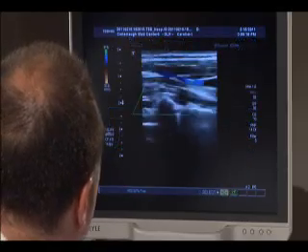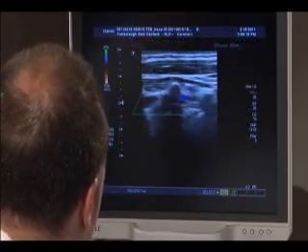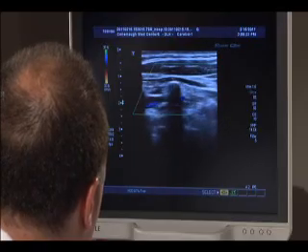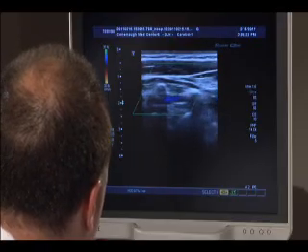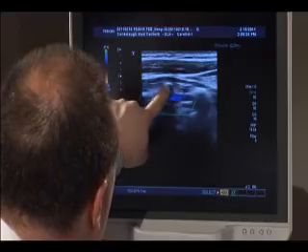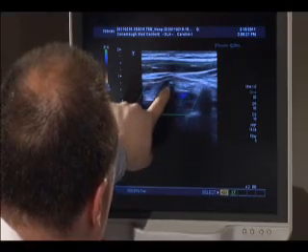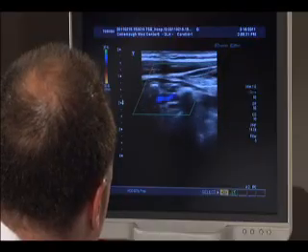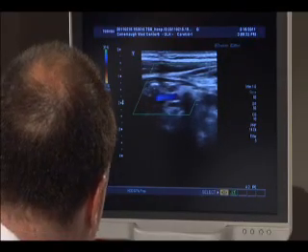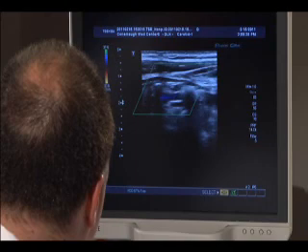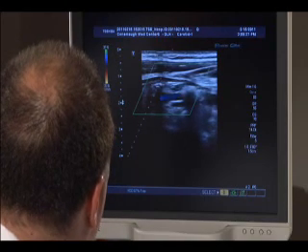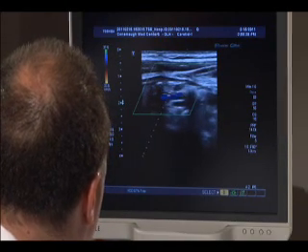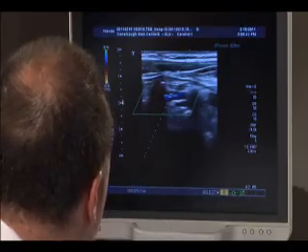We also look at the vertebral artery, which is located here to the side, and we can see the vertebral artery coursing through the spine. These are called the spinous processes of the vertebrae. Unfortunately, with ultrasound, bone is very, very hard and causes complete shadowing of the sound wave. So anytime ultrasound encounters a bone, again, gives me a shadow.